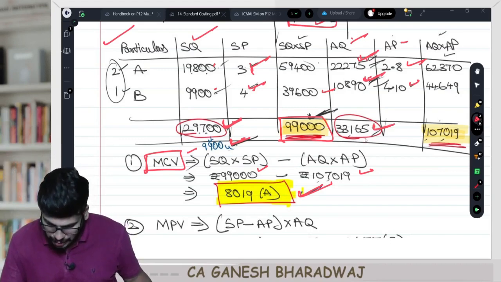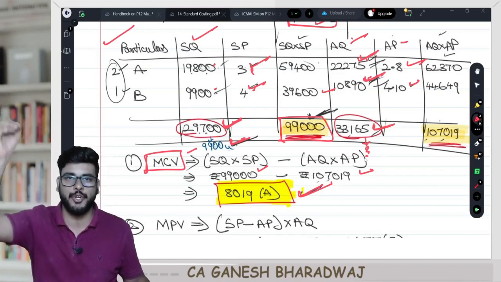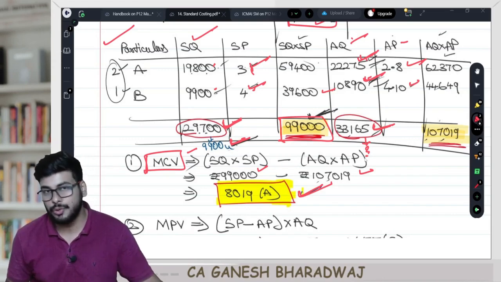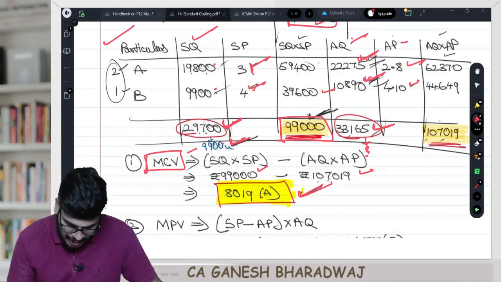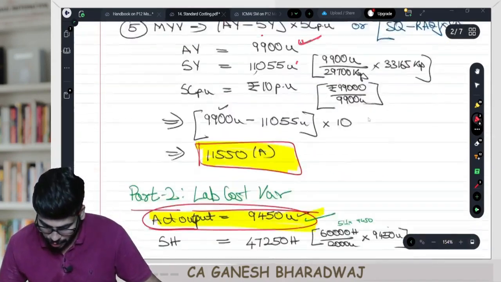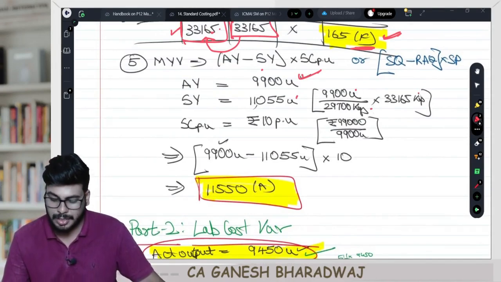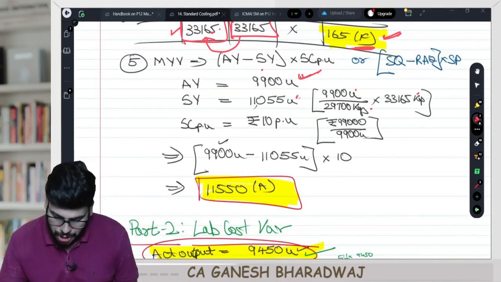For the actual kgs of raw material, what should have been the yield or output you should have got? This calculation is called the standard yield. How would you do that? Very simple. 9,900 divided by 29,700 into 33,165. That is what we have done here. For the actual input, you should have got an output of how much?